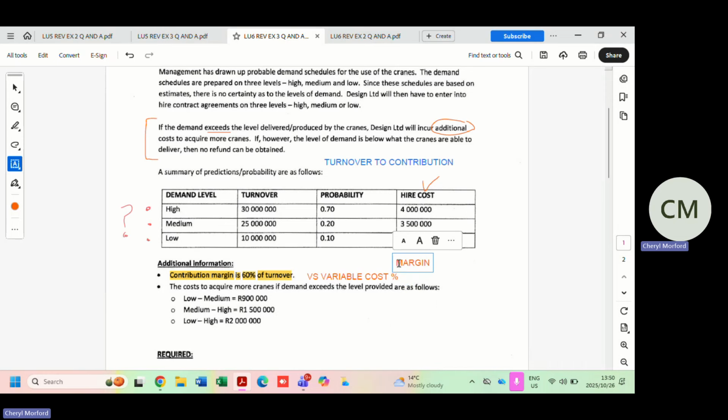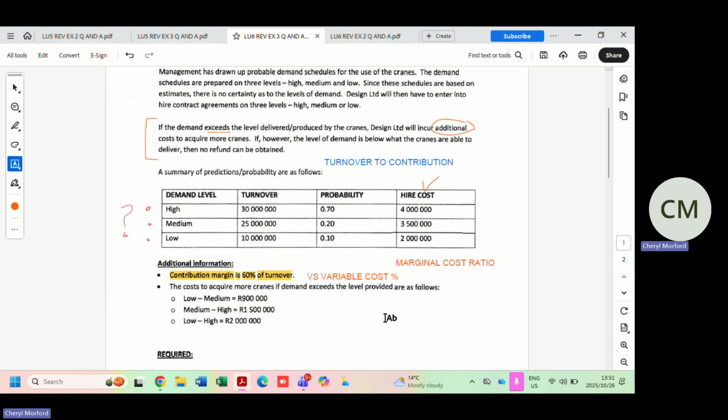Make sure that you remember all of the concepts from learning unit 3. And we looked at it there when we did break even. So your marginal cost ratio would be the same as the percentage variable cost. So let's say they gave you that. Then you mustn't use that.